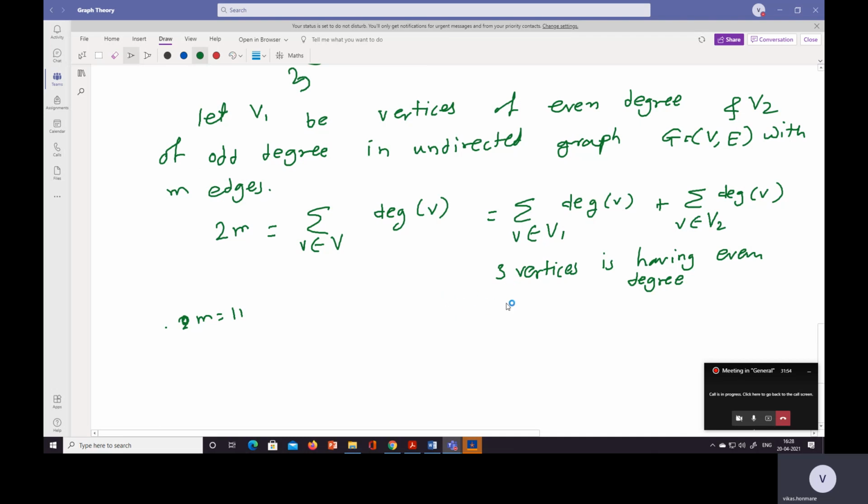So the total is 6 for the even ones, 2 plus 2 plus 2, which is 6, and the remaining is the summation over the odd degree vertices.